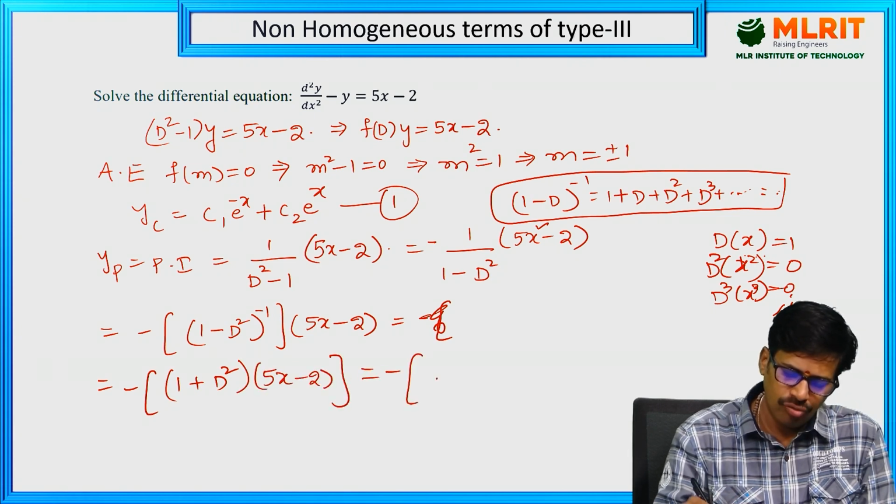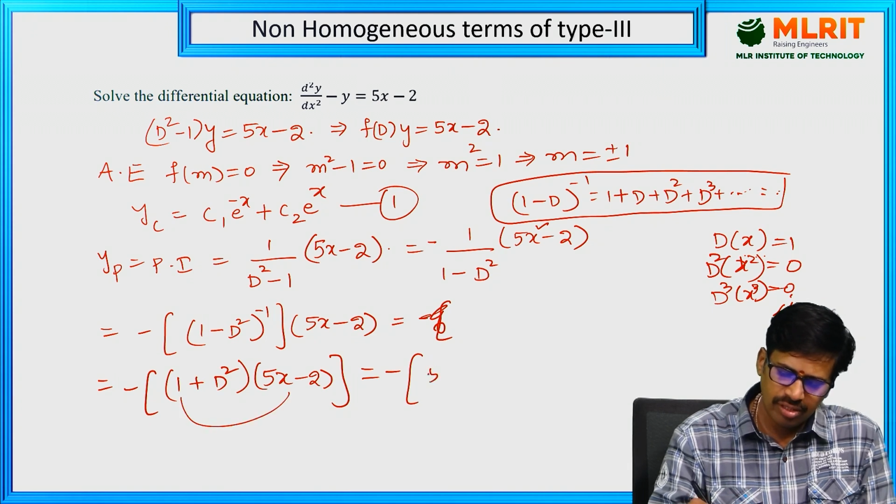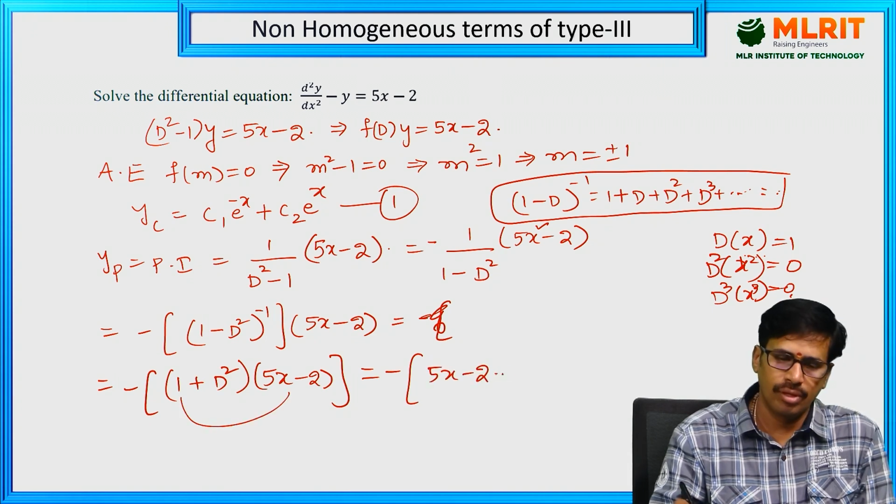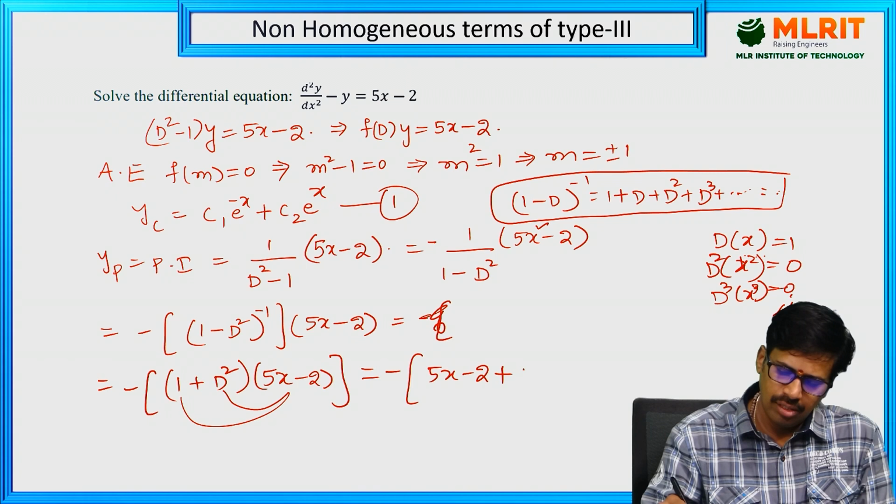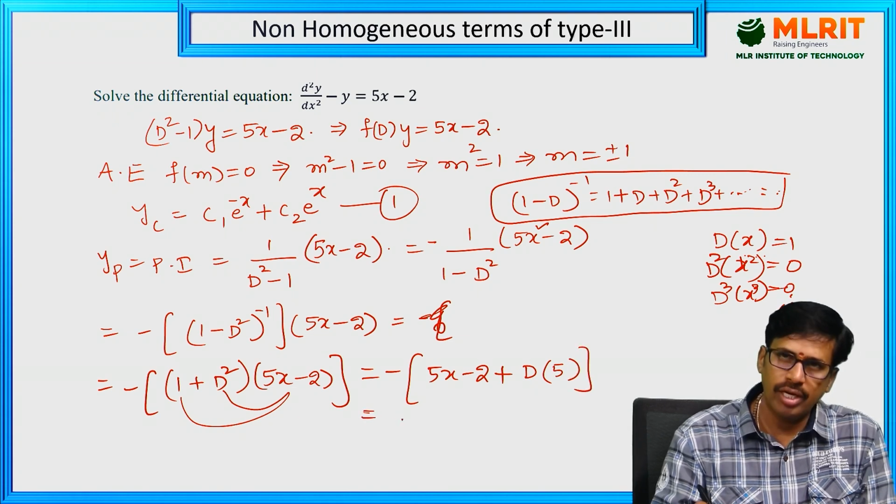So minus of 1 into 5x minus 2 plus D square of 5x minus 2. First you differentiate one time, that is 5. So again if you differentiate, you get the derivative of a constant, 0.